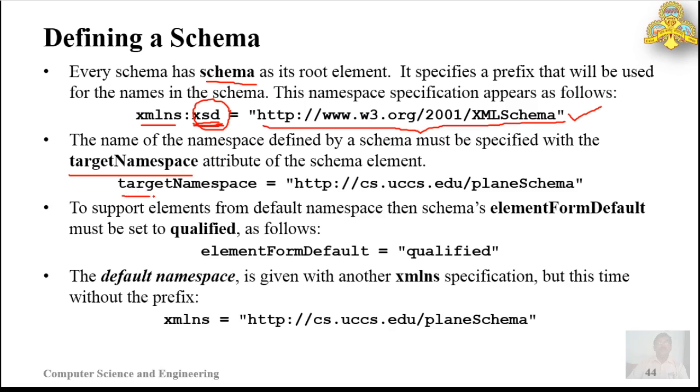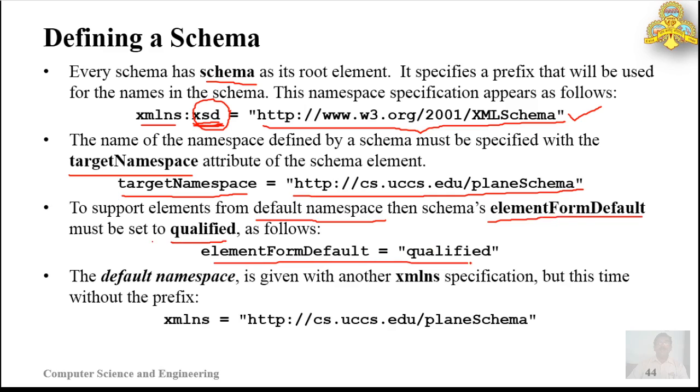So we need to provide one more attribute for schema, that is targetNamespace. Here N is capital and this is the URI. That means the developer's website name. If the element can have a default namespace to support it, then one more attribute is there, that is elementFormDefault, and it should be provided with the value qualified. So that is like this, elementFormDefault qualified.